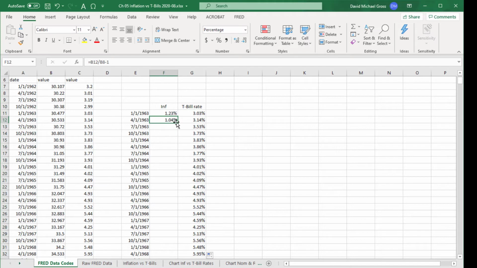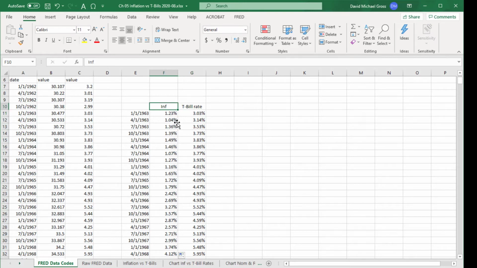And I want to compare these all the way down. So now I have, given that people realized a 1.23% inflation prior to this point, is this a reasonable expectation going forward? And did this inform the T-bill rate that people want to earn?